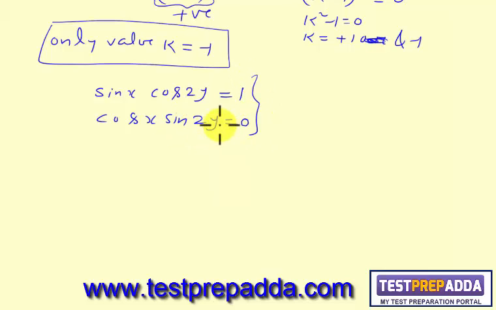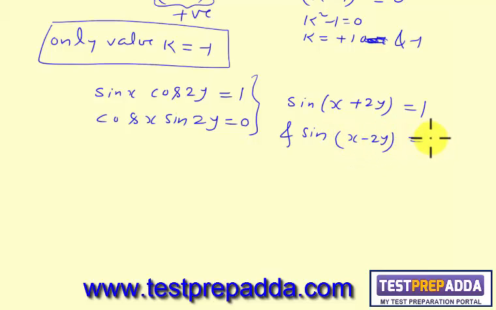Now by adding and subtracting, we can get sin(x plus 2y) is equal to 1 and sin(x minus 2y) is equal to 1. When you add, you can easily say sin a cos b plus cos a sin b is sin(a plus b). When you subtract, you can easily say sin(a minus b).